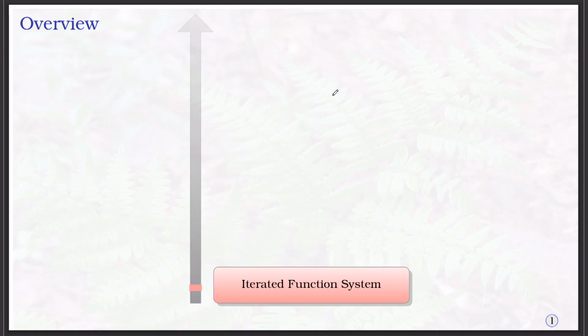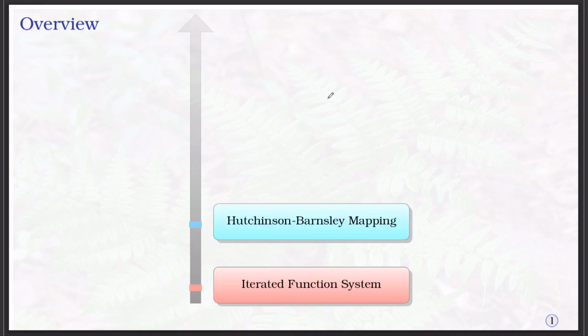For that, first let us start with the definition of iterated function system, and we will define what is the Hutchinson-Barnsley mapping in the iterated function system. This mapping was introduced by Hutchinson, and later it was modified and formulated by Barnsley, so we can call it the Hutchinson-Barnsley mapping.